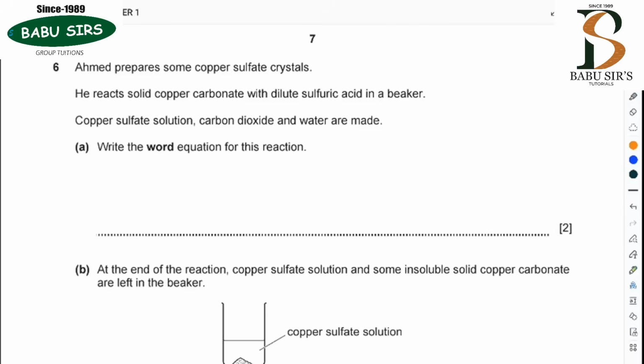Question number 6. Ahmed prepares some copper sulfate crystals. He reacts solid copper carbonate, dilute sulfuric acid. So these are the 2 reactants. So write word equation. So first we will write copper carbonate.